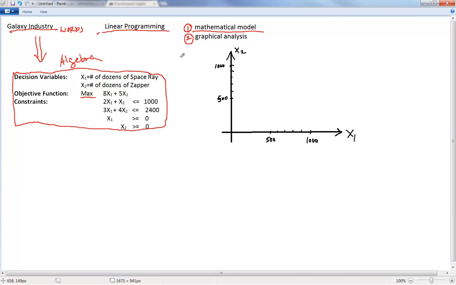And what graphical analysis does essentially is another round of translation from algebra to geometry. And that's why I draw this two-dimensional Cartesian coordinate system here.